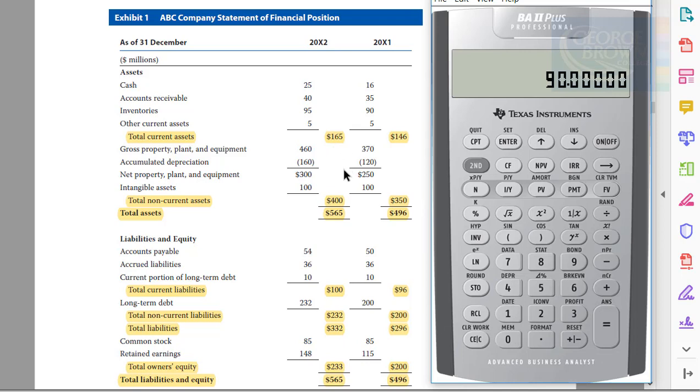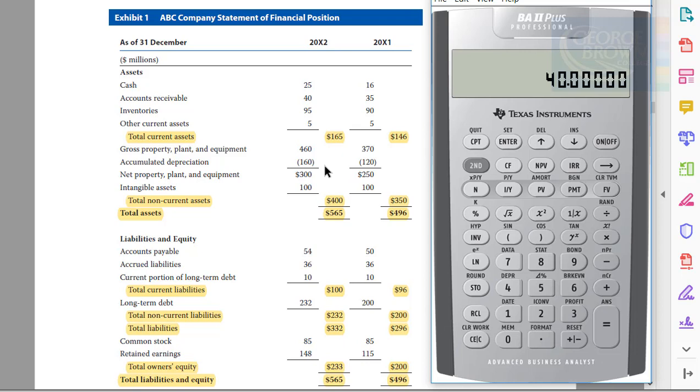The accumulated depreciation, as we'd expect, goes up from 20X1 to 20X2, from 120 to 160. So we can see that the depreciation expense for 20X2 is very likely 40 million: 160 minus 120 gives us 40 million. The accumulated depreciation went up by 40 million.